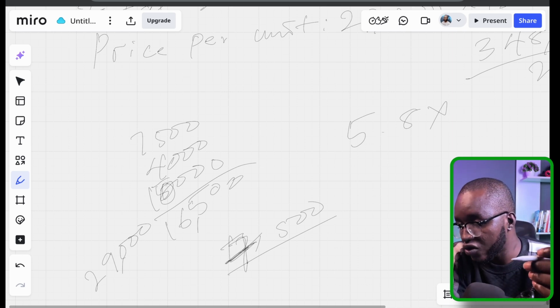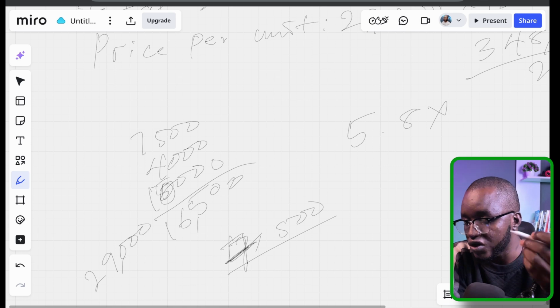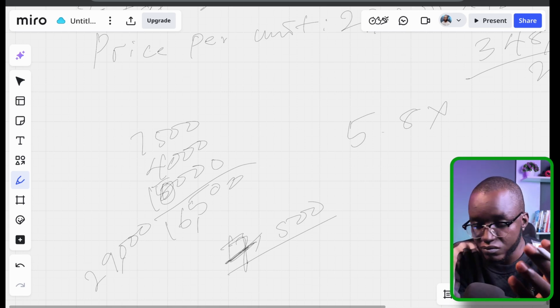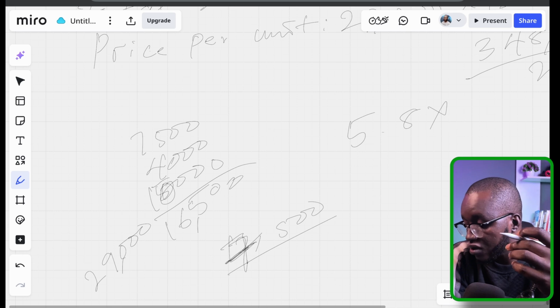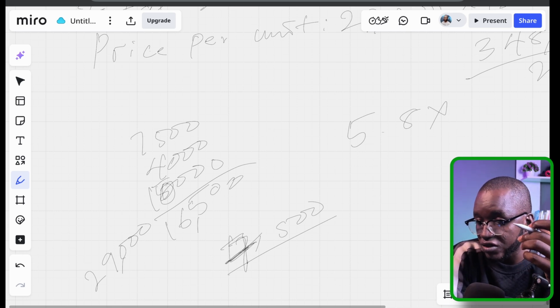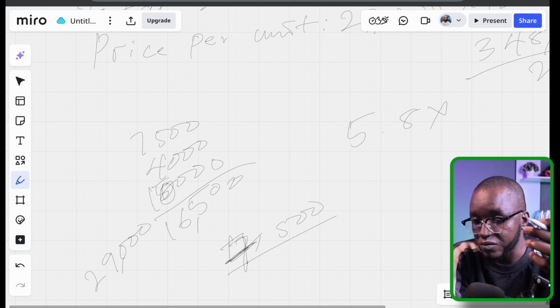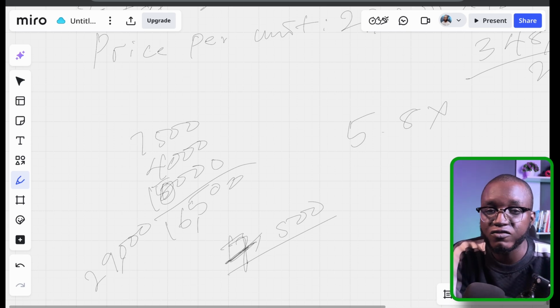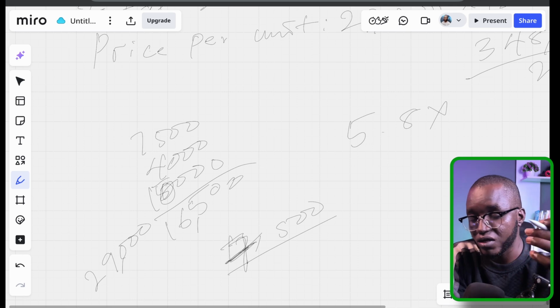Some people are not going to pick up their calls, some people are not going to respond, and all those things. So you have to factor that in so that we don't end up saying, okay, I got 12 sales for this product, so it means that it's profitable. No, you have to factor in those failed deliveries and unserious customers.